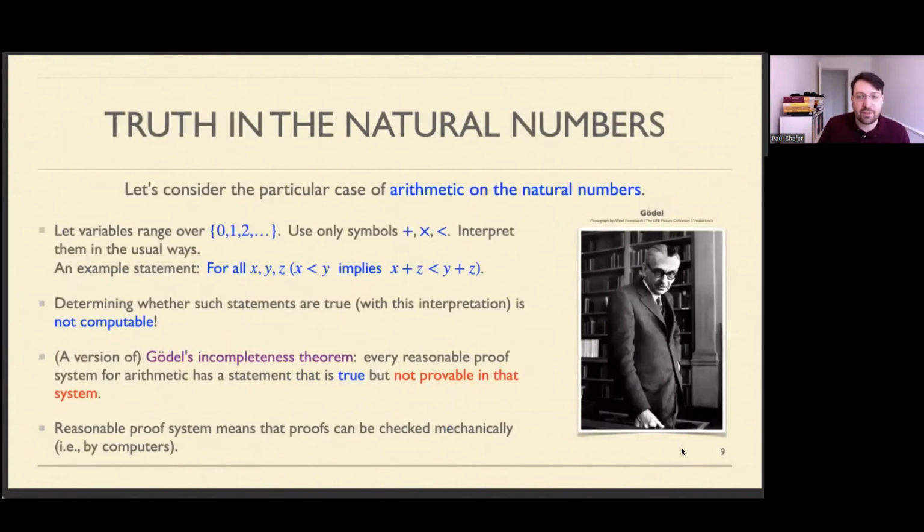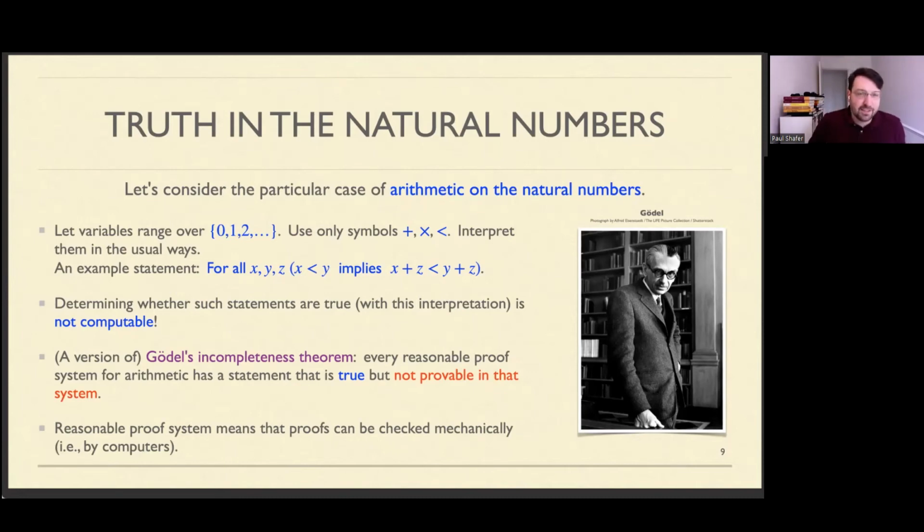Let me finish with just one more thing, which is that this whole time the discussion has been pretty abstract. We've been talking about these very abstract mathematical statements with symbols that you can interpret however you like. But what if that's not what you're interested in?